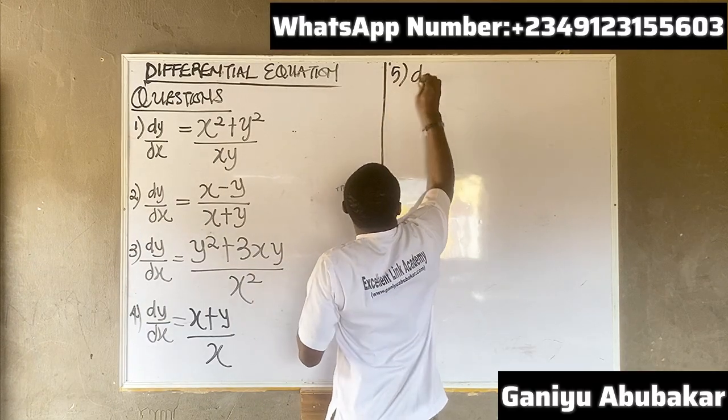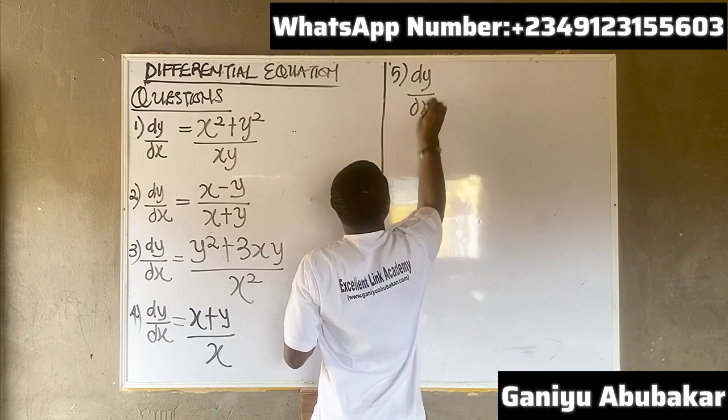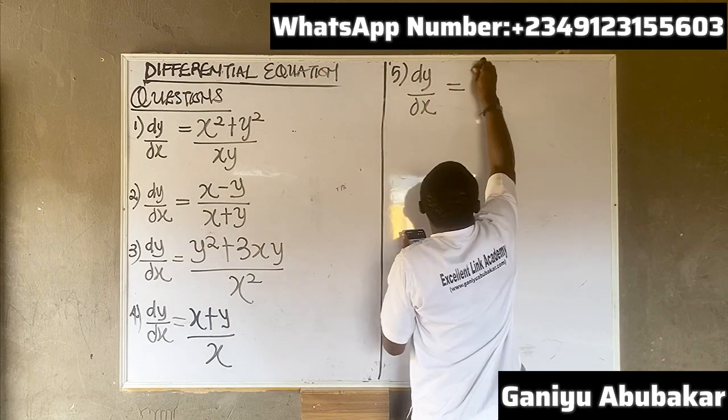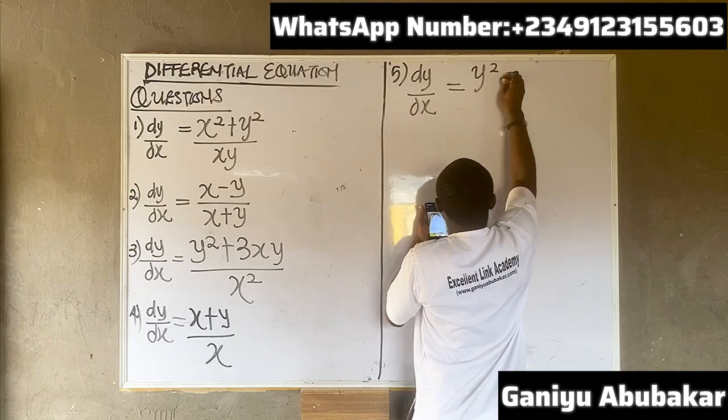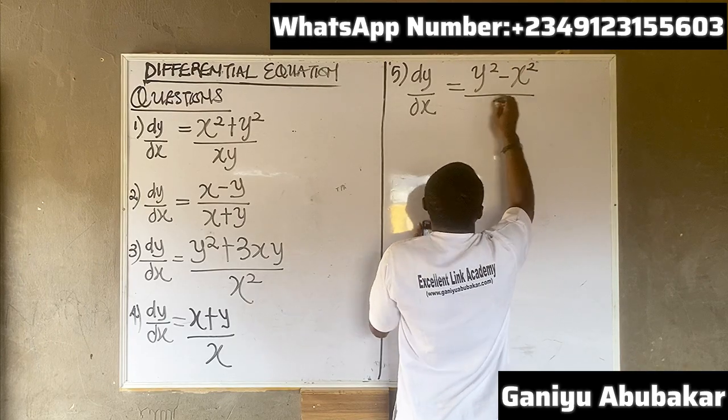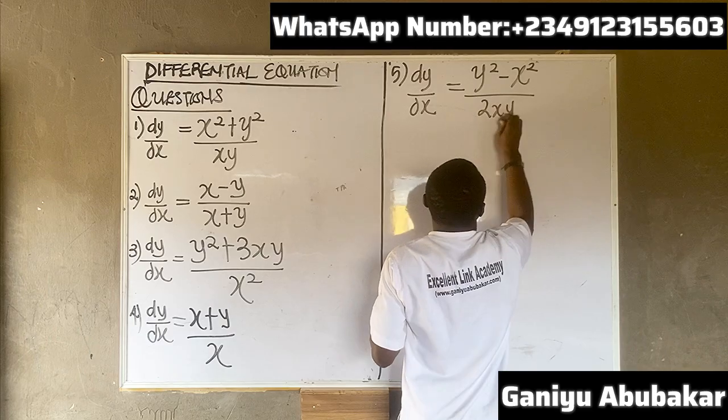Number 5, I have dy over dx equal to y squared minus x squared all over 2xy.